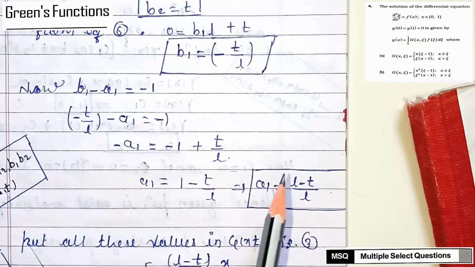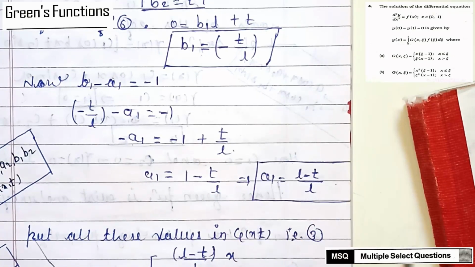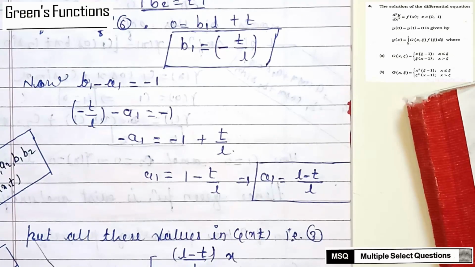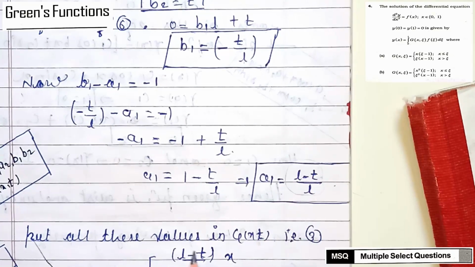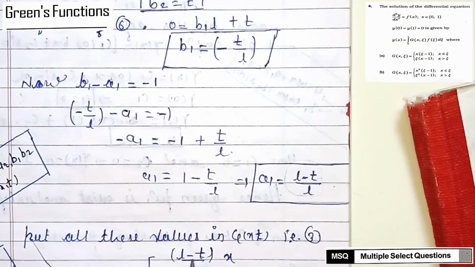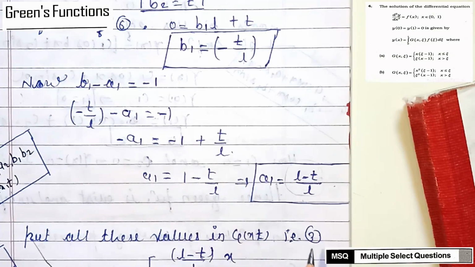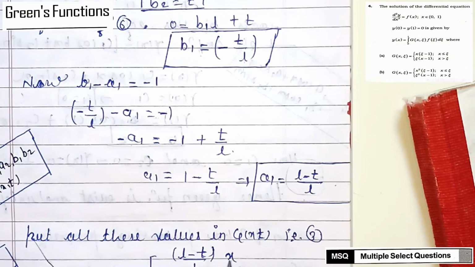So I got the value for b1 and I got the value for a1. Now put all the values for b1, a1, b2, a2 in our Green's function. So what we have here is a1 x plus a2, so a1 is l minus t upon l, that means 1 minus t upon 1, into x plus a2, which is 0 here.